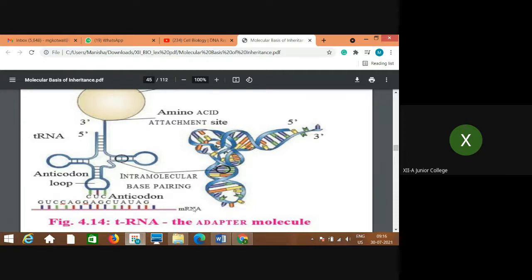Now, one more thing: last time I told you, during DNA replication as well as in the synthesis of mRNA, that whatever nucleotides are required should be charged. Then only will they play their role properly. Like everyone needs energy, which we take from food, the energy for activation is taken from ATP.